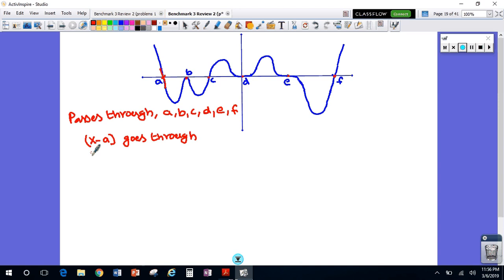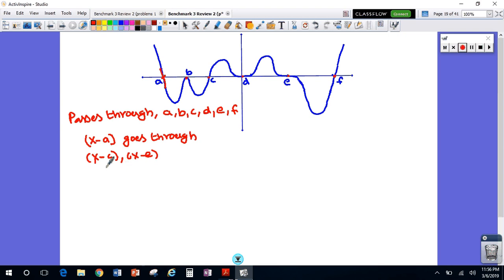And it is going through C also, so it is x minus c. And x minus e.